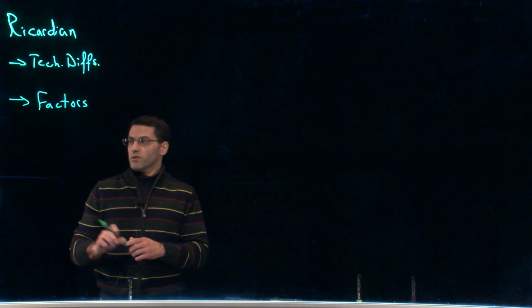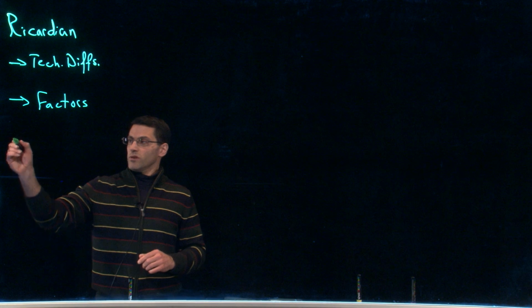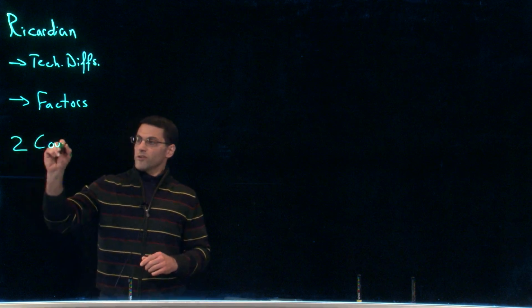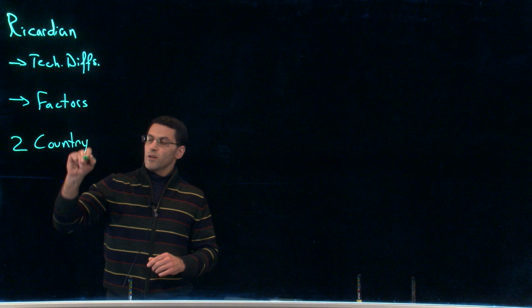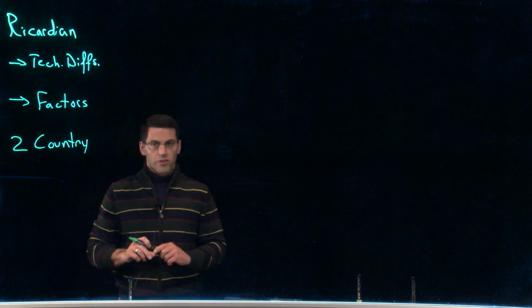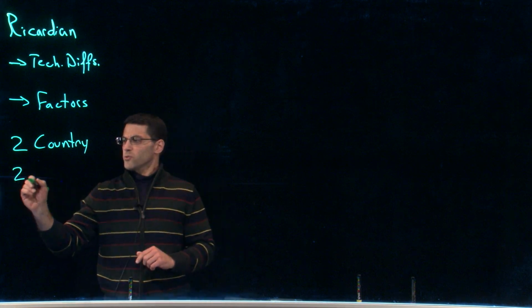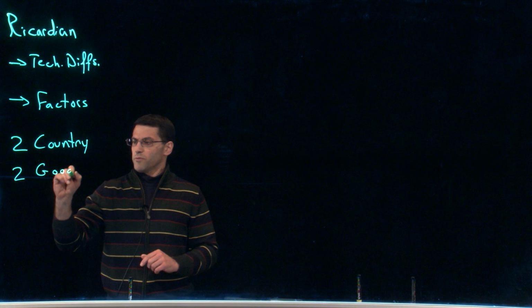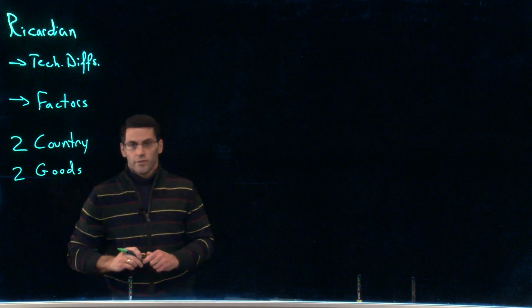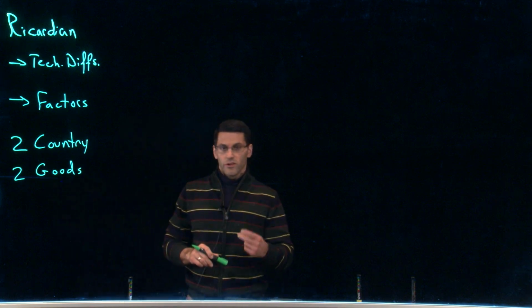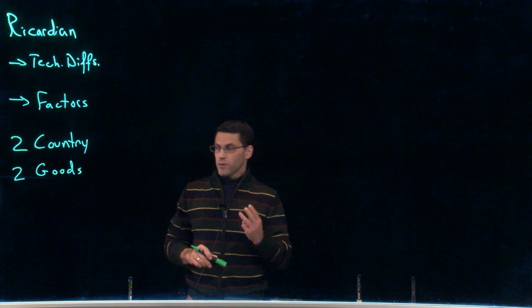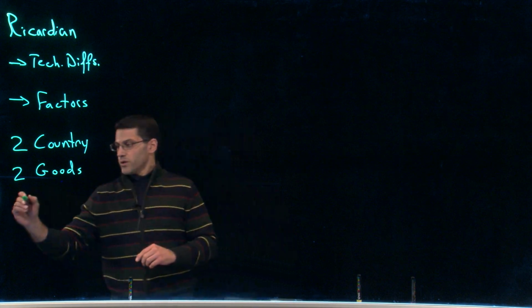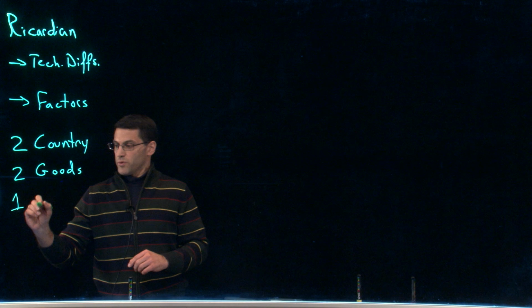So in order to keep things as simple as possible, we start with 2 countries. Our Ricardian model is going to have 2 countries and 2 goods or services. We're going to focus on goods. So number of countries, number of goods, and then the third thing we have to specify is the number of factors of production.